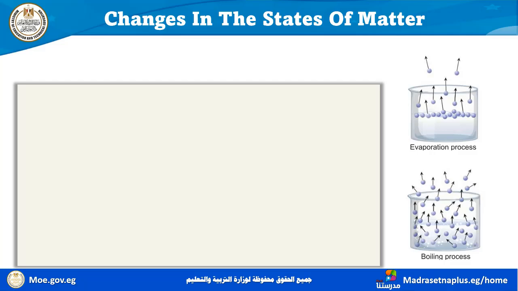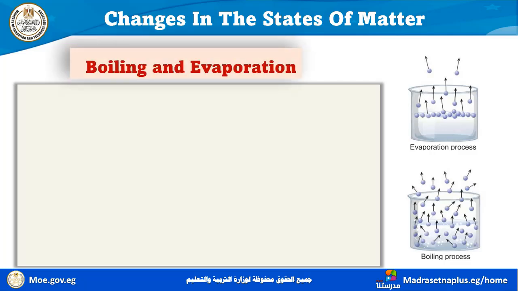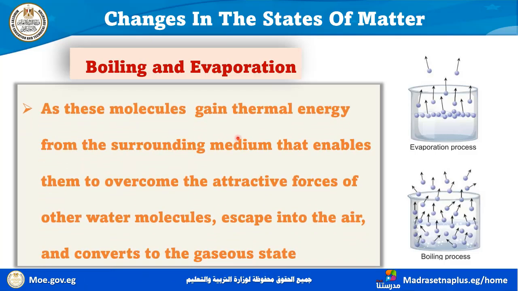So what happens during the evaporation process? Let's explain what makes the cloth dry without reaching the boiling point of water. The molecules on the surface of the liquid gain thermal energy from the surrounding medium like the air, that enables them to overcome the attractive forces of other water molecules and escape into the air and convert to the gaseous state.